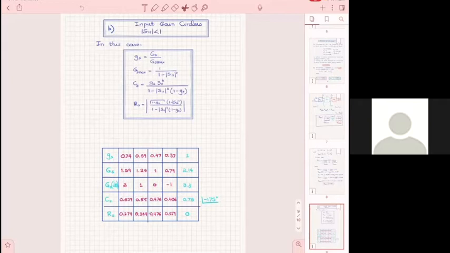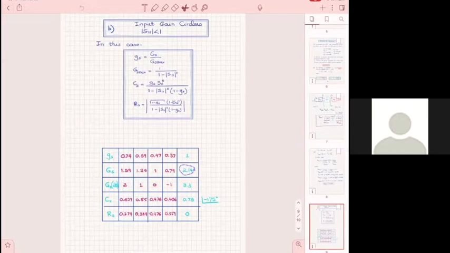Then, when small gs is 1, that means that your capital G sub S has the maximum value, which is 2.14 as a number. If small gs is 1, then GS becomes GS max. What happens to C sub S?